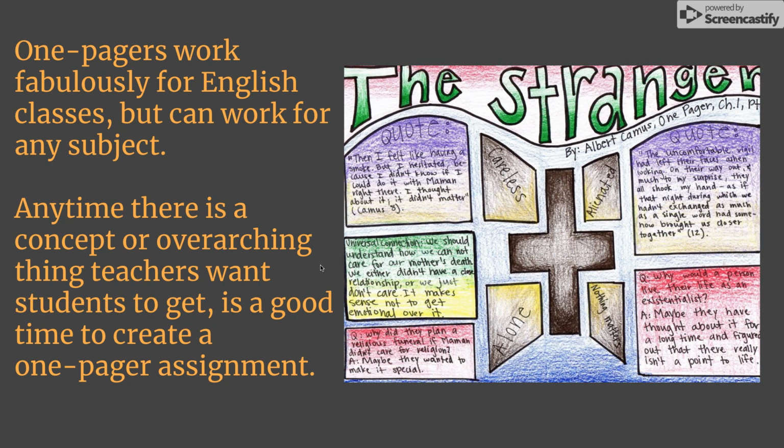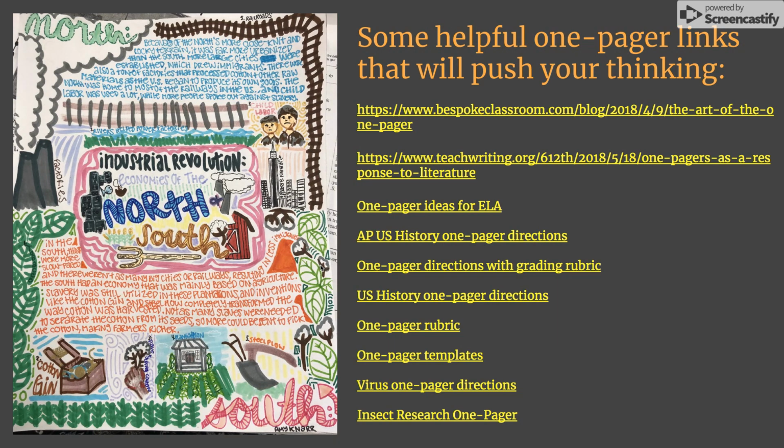Anytime there's a concept or an overarching idea that teachers want to know if students got, they could have them do a one-pager to prove that they understand what it is they've learned. On this page, I have included some links to other one-page rubrics, templates. There's some articles even and blogs about how and why you might use them and different ways to use them.